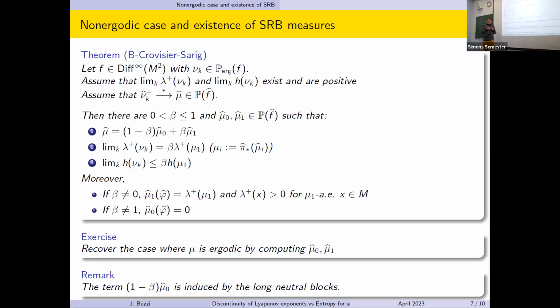Therefore, what happens is that you have very long intervals, because of the invariance of these ergodic components. You have very long intervals where typical points are copying the behavior of one, let's say, of the stable component, and then very long intervals where they are copying the behavior of the other component.